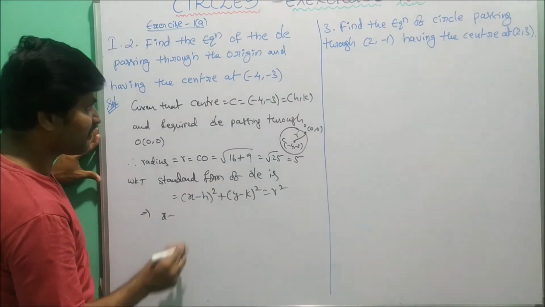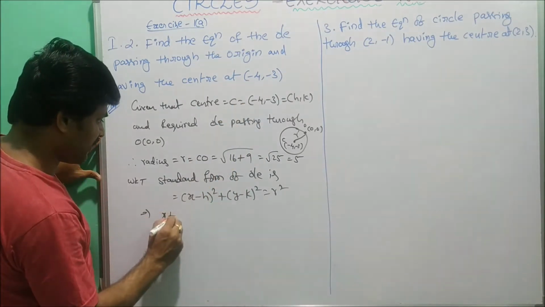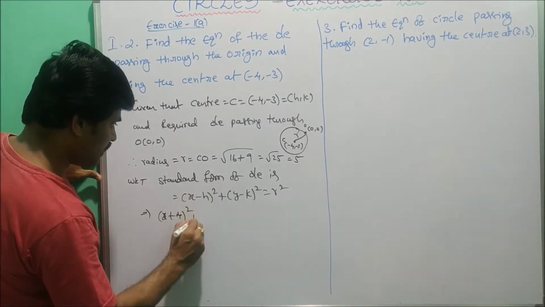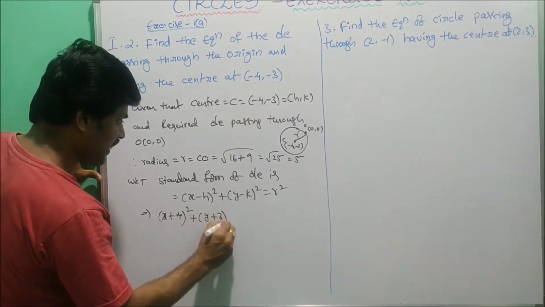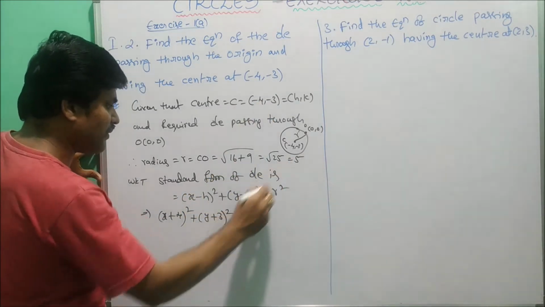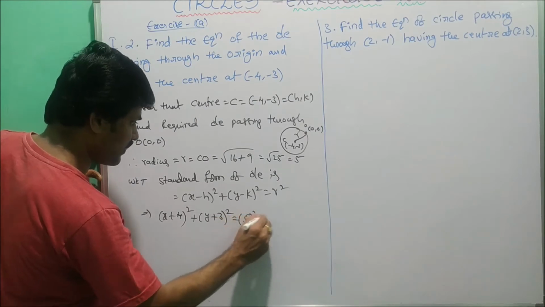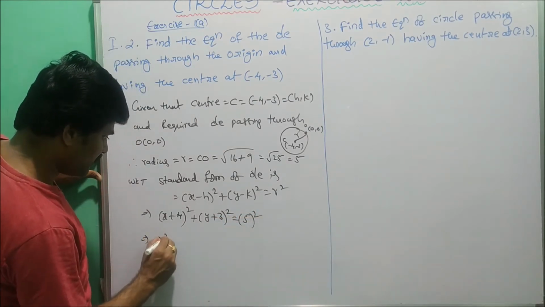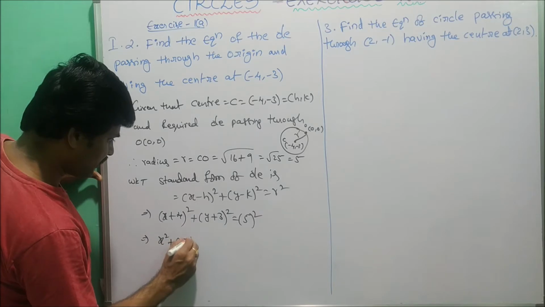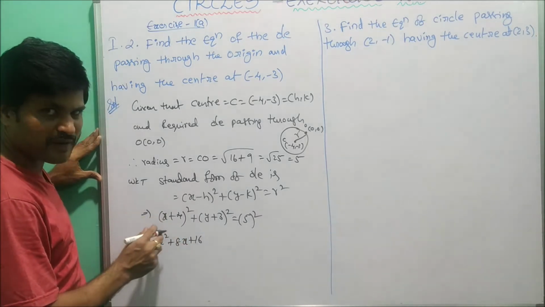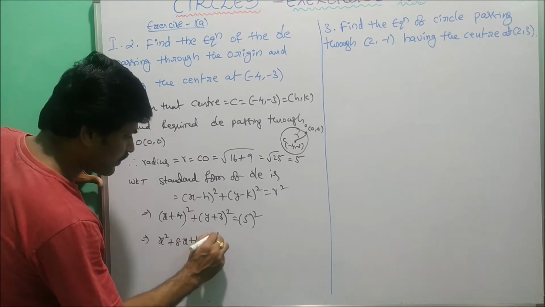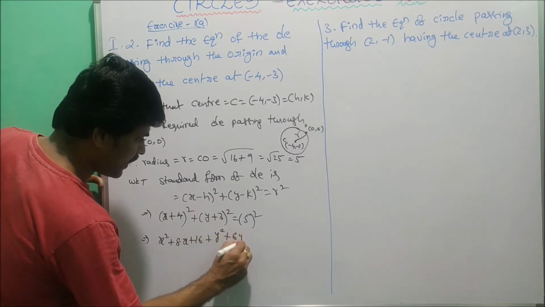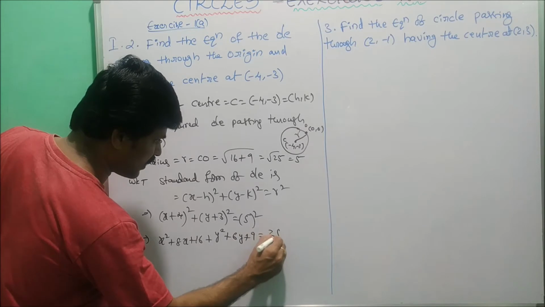Here x minus h means x plus 4 whole square, plus y minus k means y plus 3 whole square, equals r means 5 whole square. Now it can be simplified: this is x square plus 8x plus 16, using the form of a plus b whole square. Similarly, y square plus 6y plus 9 equals 25.